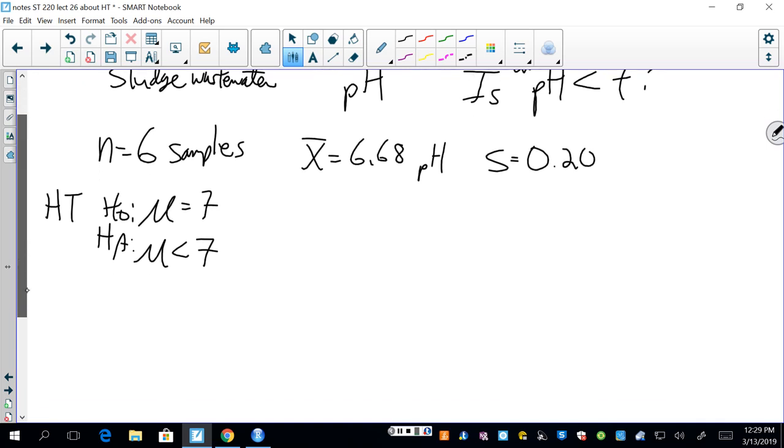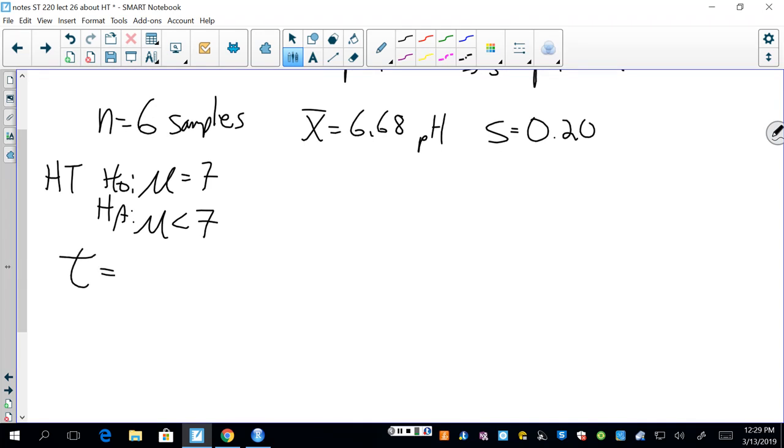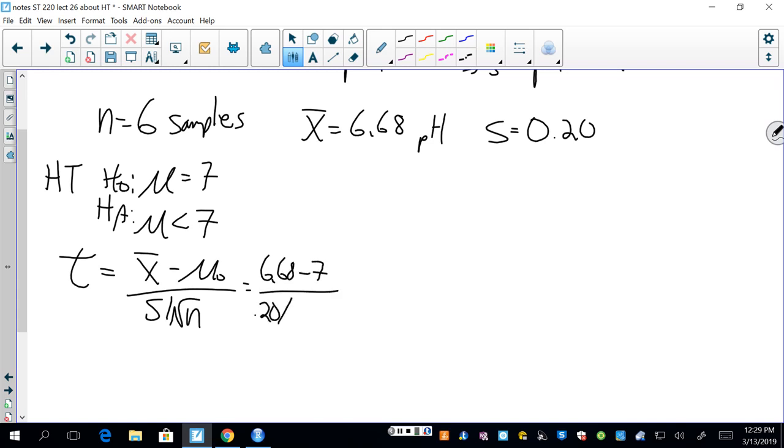If we do that test, we're going to use a t statistic. This is based on a very small sample size, and the standard deviation is computed from the sample. So our t statistic is x bar minus mu sub 0 over s over the square root of n. Putting in those numbers, 6.68 minus 7, and 0.20 divided by the square root of 6, it ends up being negative 3.92.